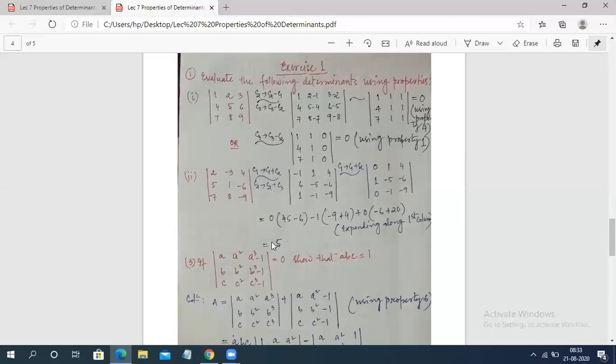So we are using the properties just to make it simple, when we get the maximum number of 0s, we can expand along any row or any column. So your approach may be different from this one, but try to do it by yourself.